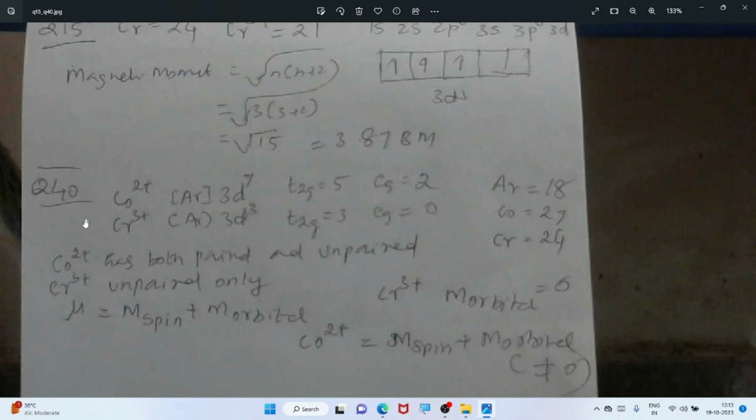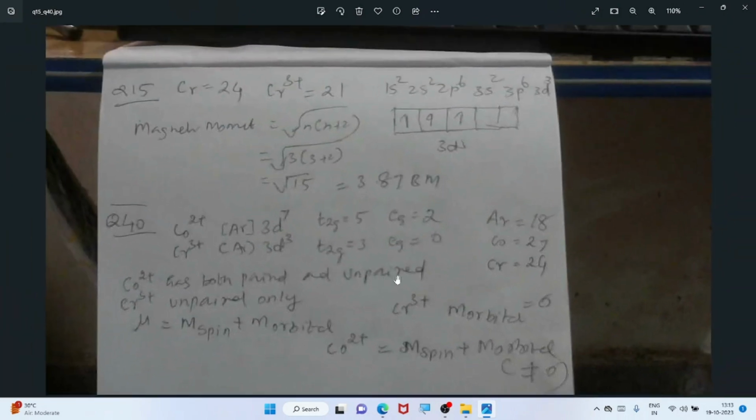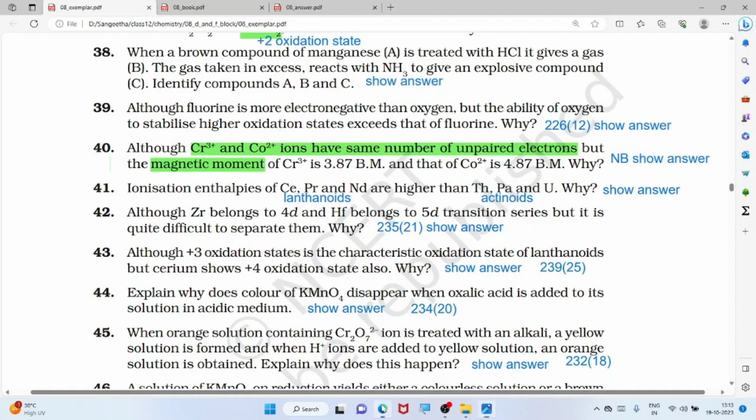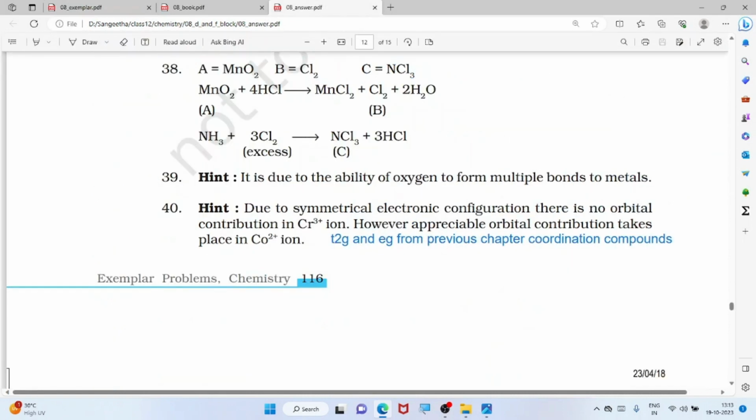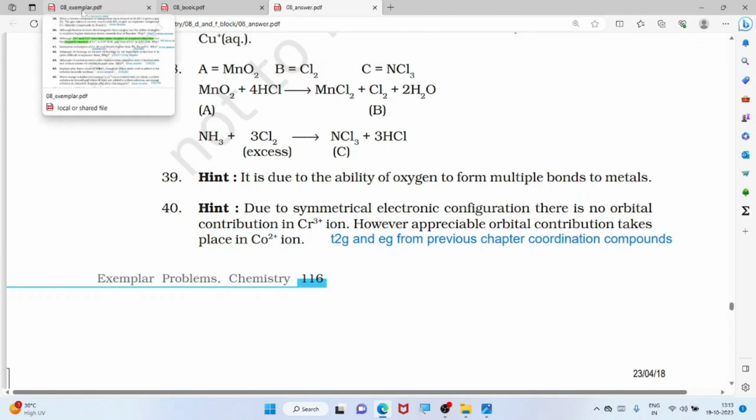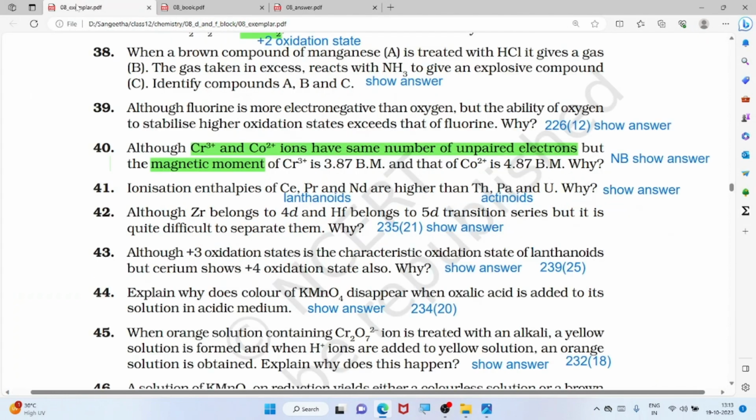The important thing here is this has spin only and this has spin and orbital. In the coordination compounds chapter you read crystal field theory, how d orbital splitting takes place.